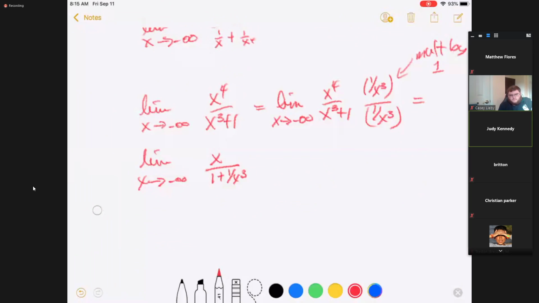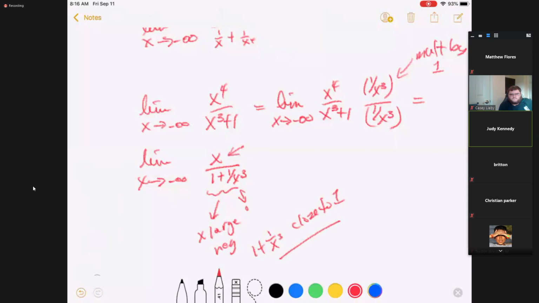If x is a large negative number, like minus a billion or minus a trillion or the size of the US debt, 1 over x cubed is very close to 0. So that's going to 0, and the denominator is going to 1. 1 plus 1 over x cubed is close to 1.